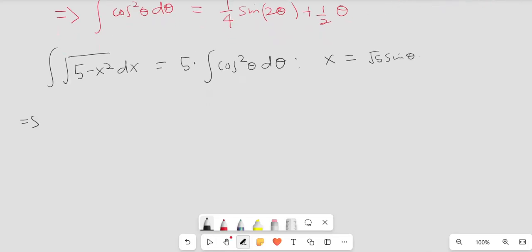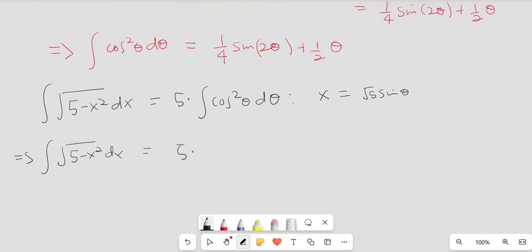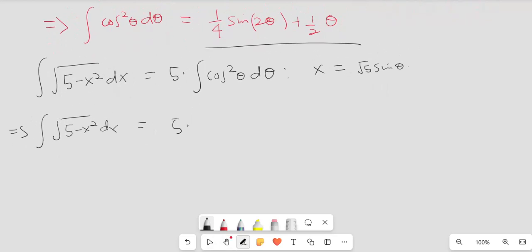So it implies that the integral of the square root of 5 minus x squared dx is equal to 5 times the integral of cosine squared theta d theta, which we just found here, 5 times (1/4 sine 2 theta plus half of theta).